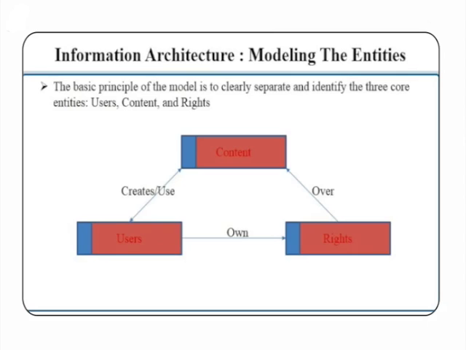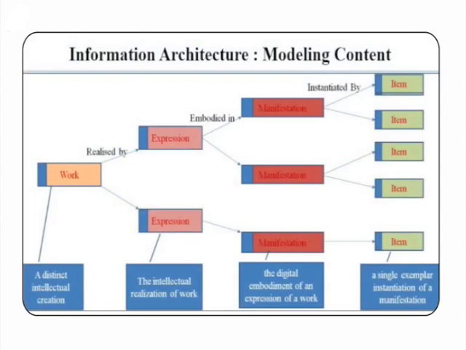The primary reason for this model is to provide greater flexibility when assigning rights to any combination or layering of users and contents. In information architecture, the content itself also needs to be modeled. The key principle in modeling of content is its multiple layers, which contain its evolution and development from various intellectual stages.